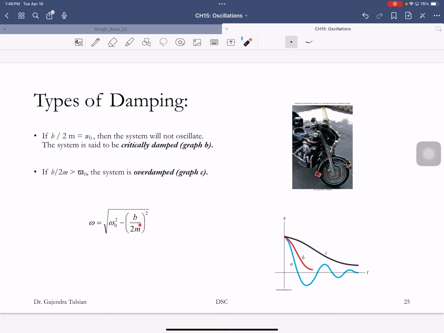If this becomes larger than that, the wheel won't even come to its original spot. Again, you don't want that. So a lot of times vibrations come into your life and you don't want them. So you have to kill the vibrations. And you have to have a good enough damping factor.